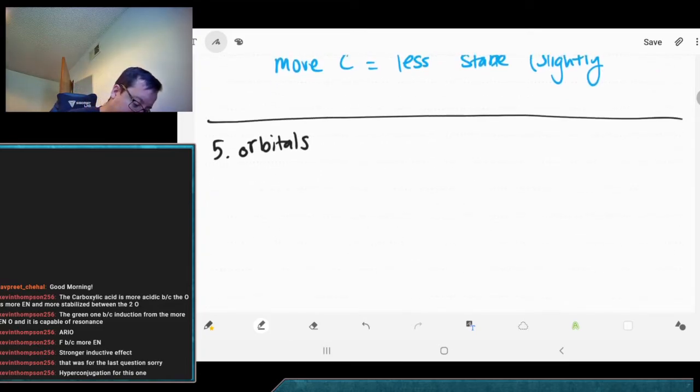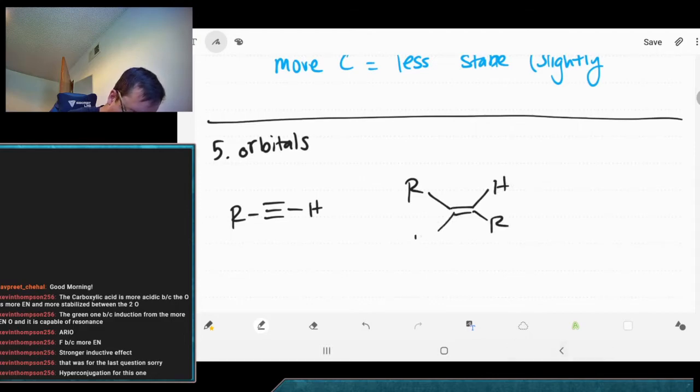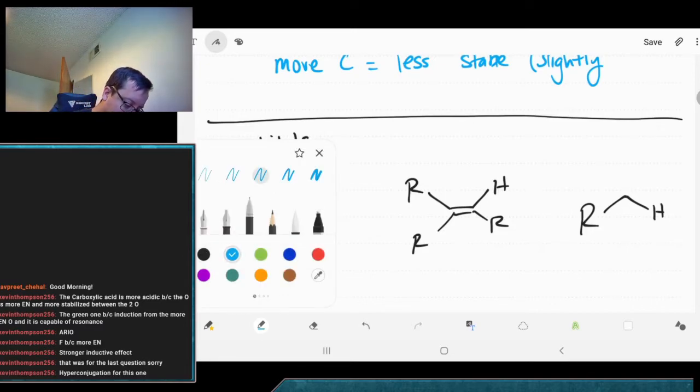We're going to see... So this is the hydrogen on the sp3 carbon. We're going to see the pKa's here.